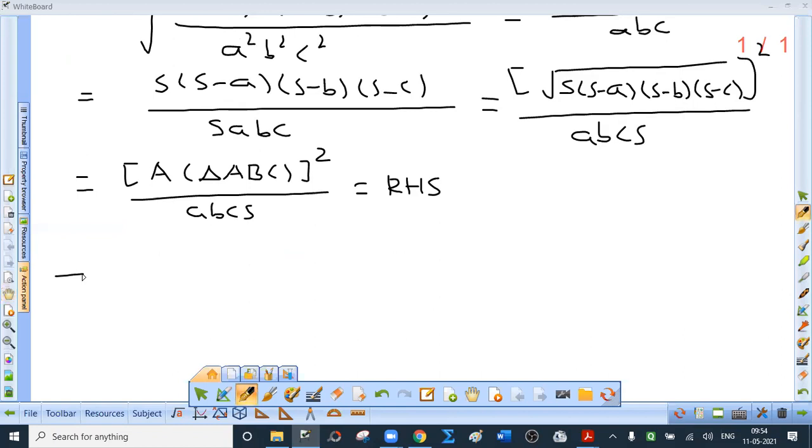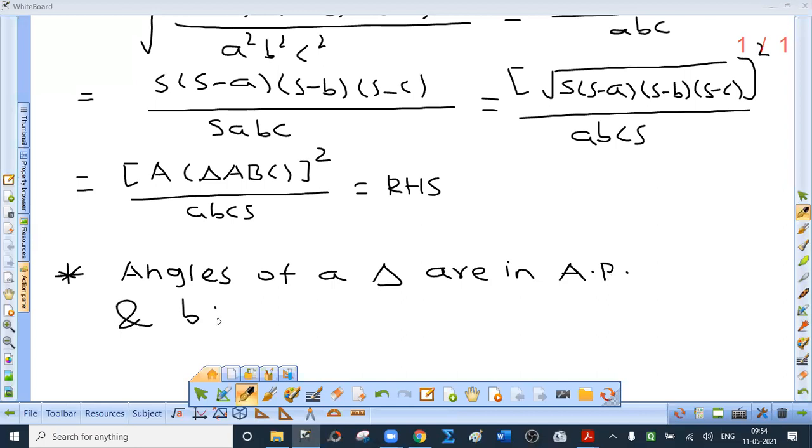This is actually not in the textbook, but try this sum. Angles of a triangle are in AP and B is to C is root 3 is to root 2.